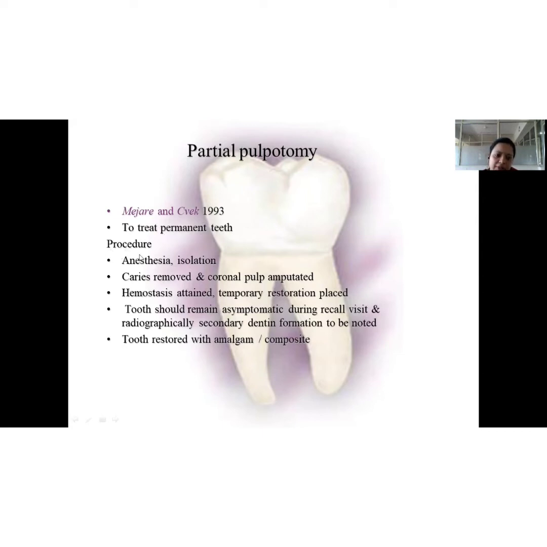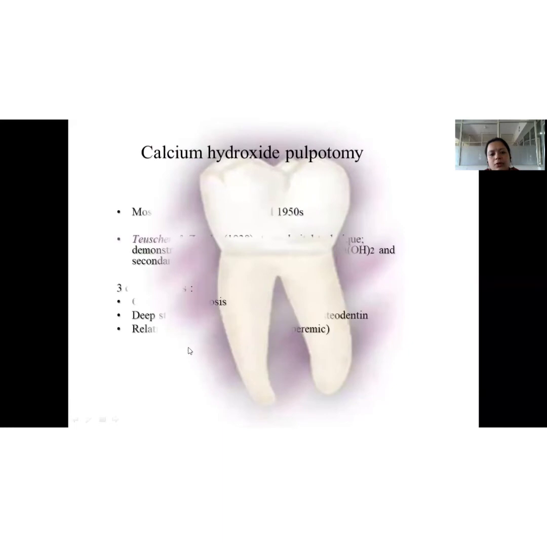Procedure is to give anesthesia, isolate the tooth, remove caries, amputate coronal pulp, attain hemostasis, and place a temporary restoration. The tooth should remain asymptomatic during recall visits, radiographically secondary dentin compression is to be noted, and then again the tooth is restored with amalgam or composite.